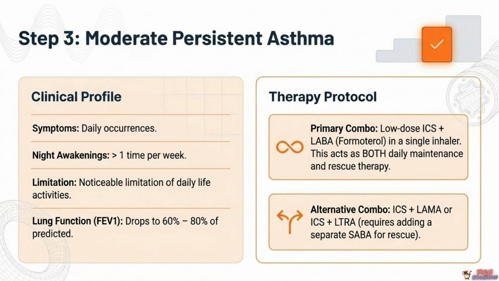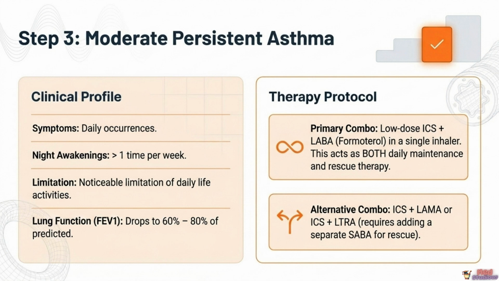The preferred primary combination is a low-dose ICS combined with a long-acting beta agonist, specifically formoterol, in a single combination inhaler. This is an elegant approach because with formoterol, the same inhaler can serve as both the daily maintenance medication and the rescue inhaler, due to formoterol's rapid onset of action, a strategy known as SMART therapy in the GINA framework.